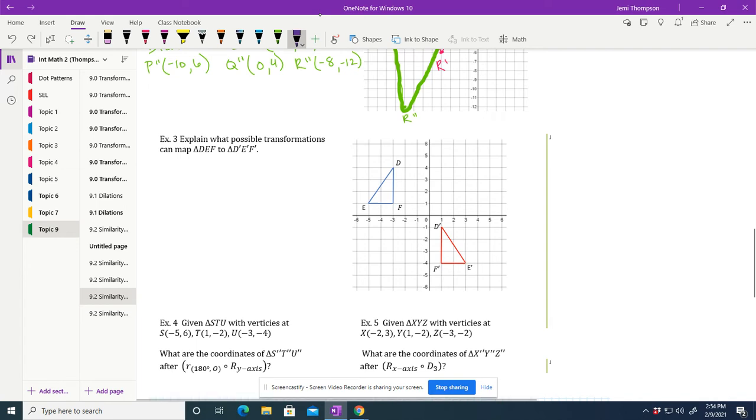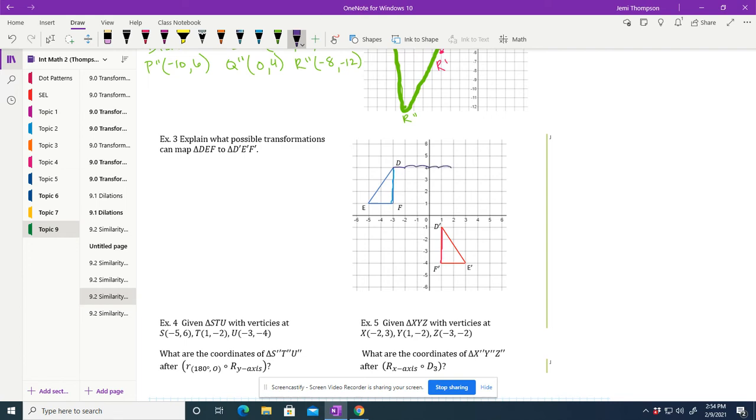In my original picture, D and F are closest to the y-axis, and then when I move over here, D and F are still closest to the y-axis. Okay. So when I reflect this across the y-axis, D is 3 units from the y-axis.